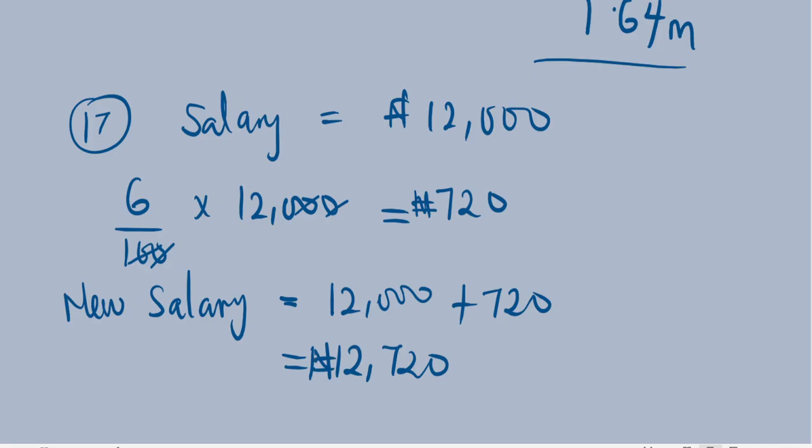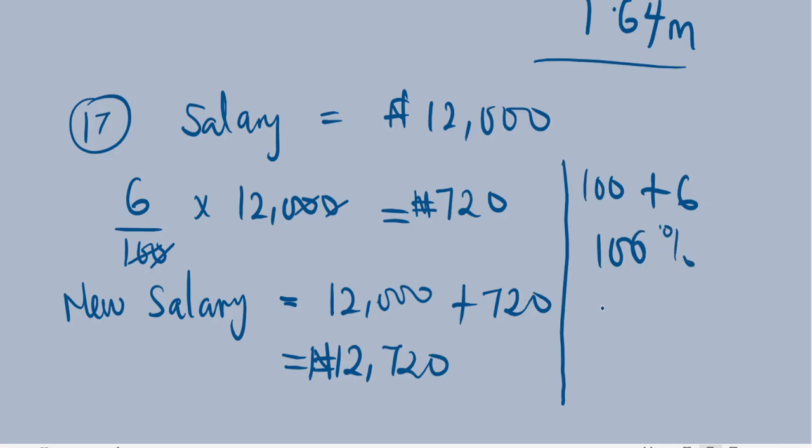That is his new salary. Or you can use the addition of percentage method. When he was taking 12,000 naira, that is 100%. So you add 100% to 6%, that will give you 106%. So what is 106% of 12,000?